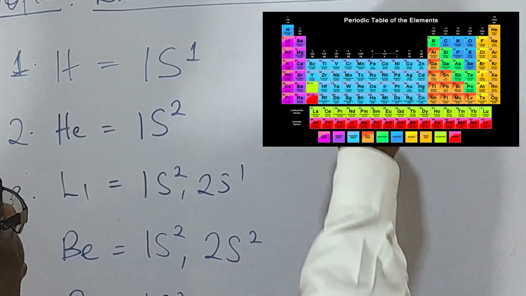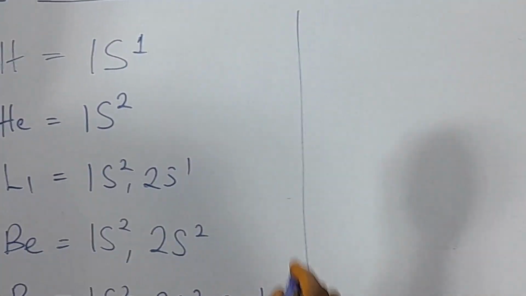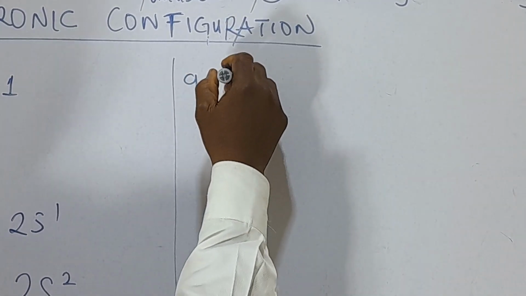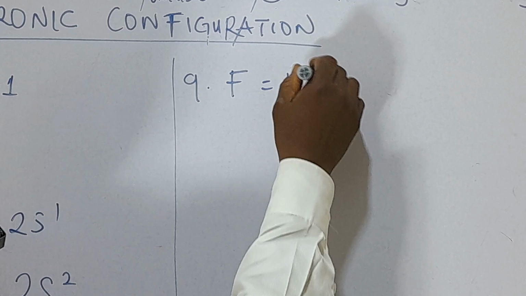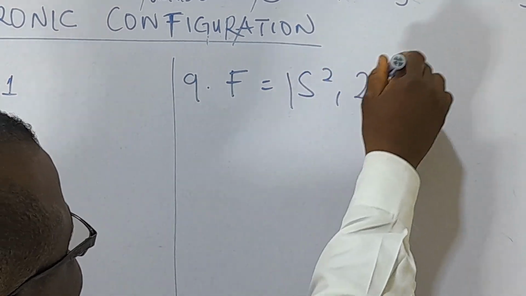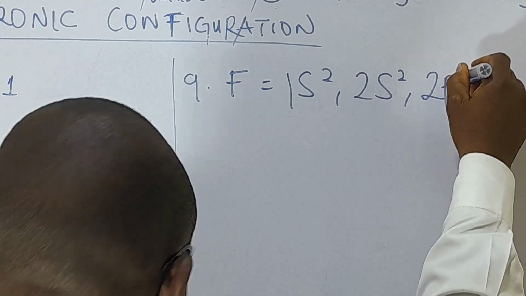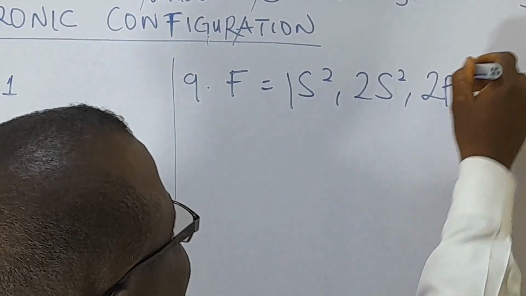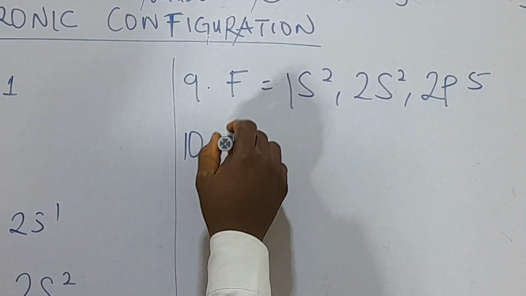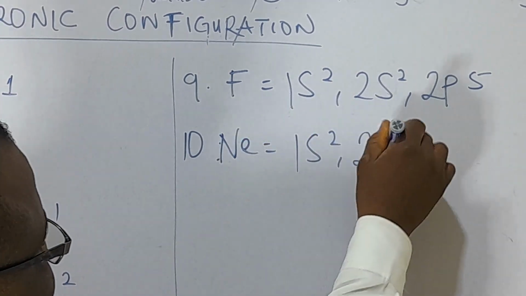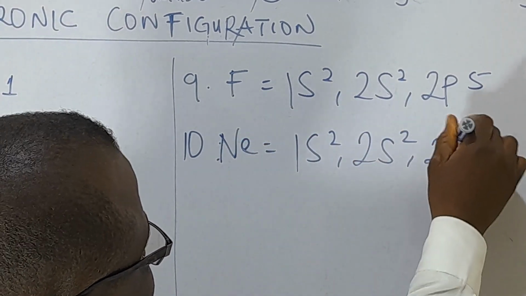Now let's quickly finish this to 20. Number 9 is fluorine: 1s2, 2s2, 2p5. Number 10 is neon: 1s2, 2s2, 2p6.